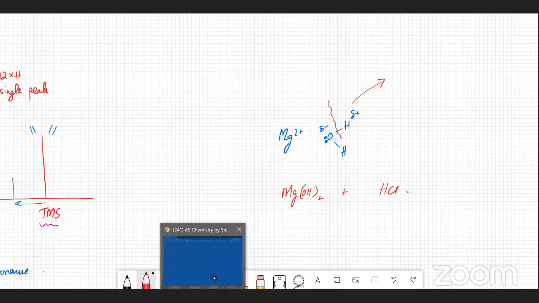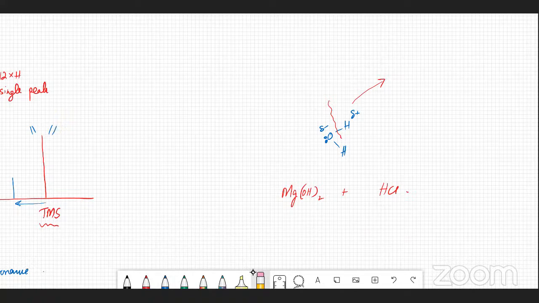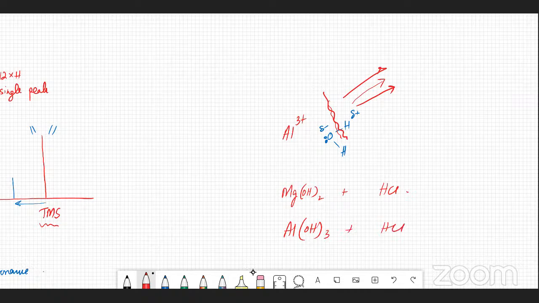And when it comes to Al, so the same thing happens. ठीक है, when it comes to Al, pretty much the same thing happens. But now Al is 3+. तो उसके केस में वो जो H knockout हो रहा है ना, that happens very very strongly. ठीक है. और उस केस में the hydrolysis becomes very very strong, और उसके बाद ना hydrolysis पे strong ही रहता है, so there's going to be strong hydrolysis after that.